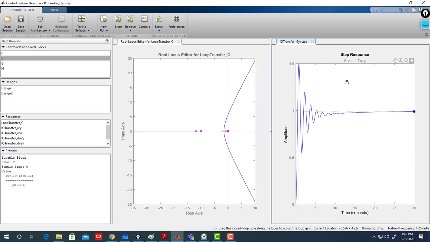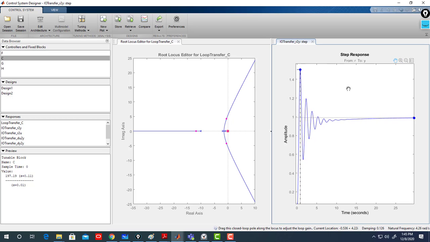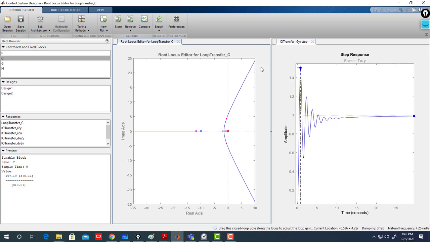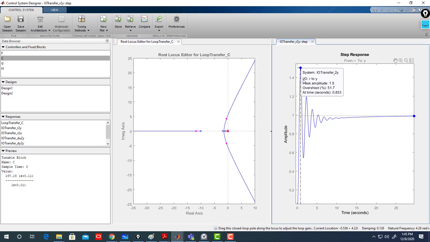Maybe I decrease it just a little bit, and then here is overshoot 57%.